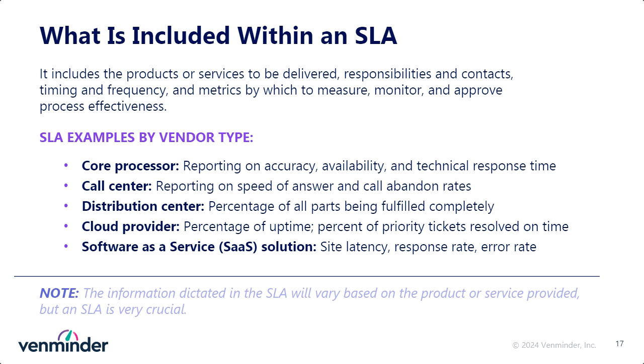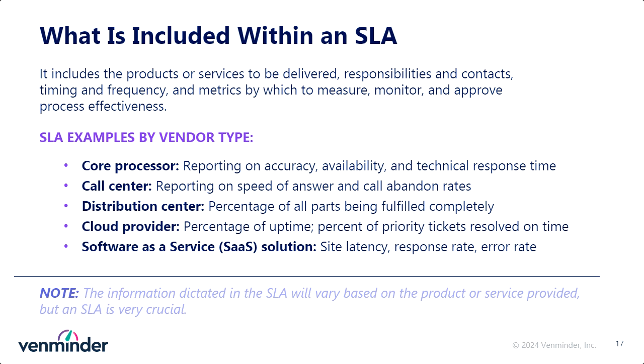A distribution center, maybe the percentage of all the parts being fulfilled completely, maybe number of returns. A cloud provider is definitely the percentage of uptime, maybe a percent of priority tickets resolved on time. These are just some examples.